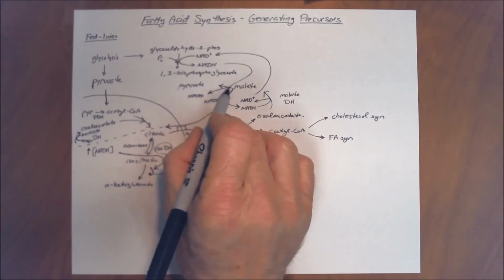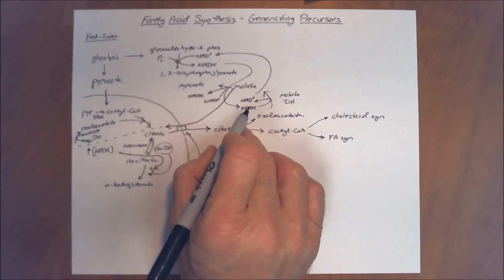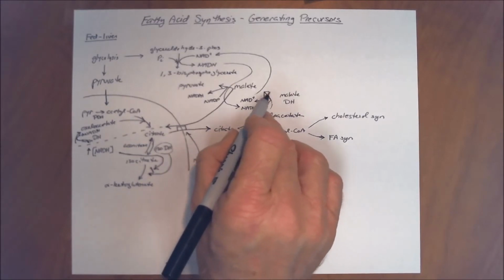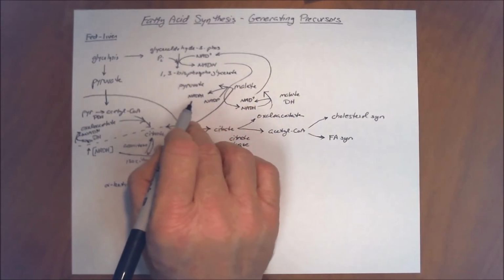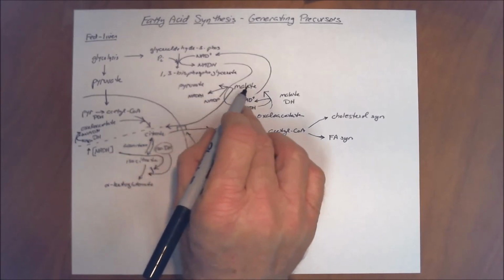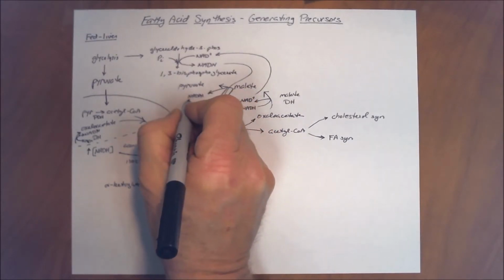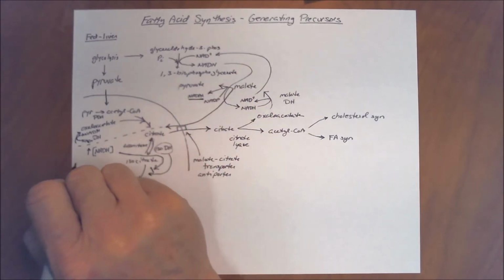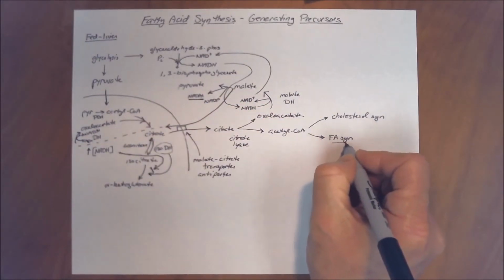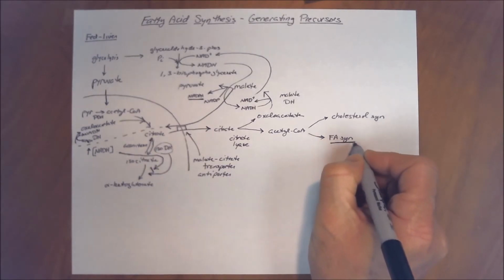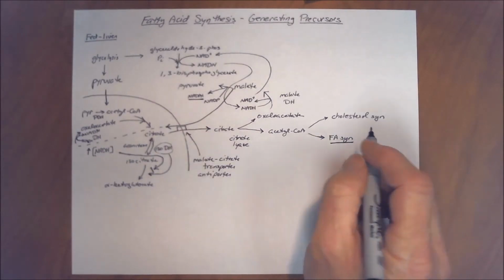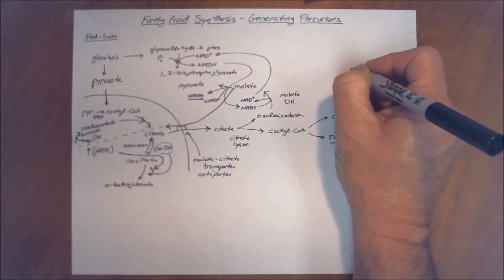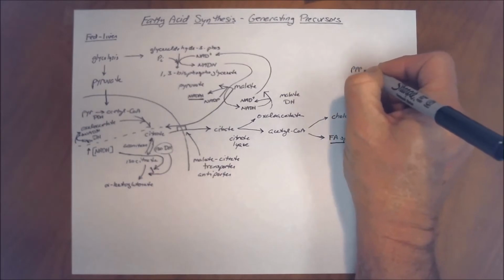So in this particular step of malate, we are using the reduced potential of malate here that we picked up these electrons from NADH, and we're transferring those to NADPH to make NADPH. The reason for that is because NADPH, again, is our energy molecule for biosynthetic reactions. We are going to be using a lot of NADPH for fatty acid synthesis. Now recall the primary site for NADPH production is the pentose phosphate pathway.